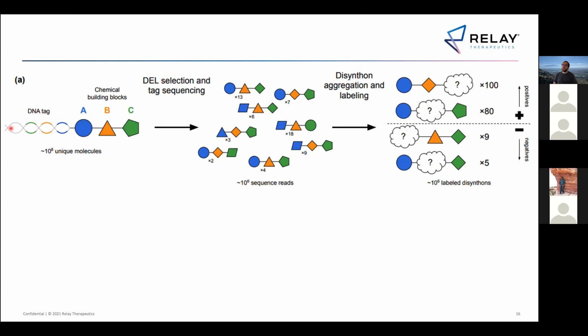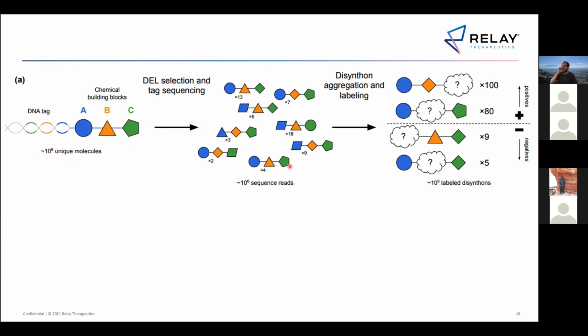And each small molecule instance that is created by joining these building blocks together has a piece of DNA attached to it that encodes the identity of that small molecule. So that when you incubate this library with a target protein and then wash it off, you can then sequence the resulting binders, the tags on the binders, and then get counts for the individual instances.